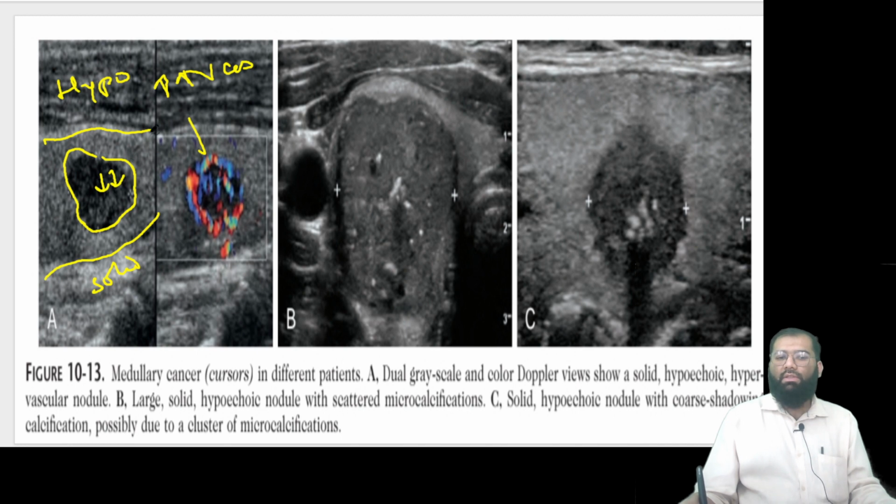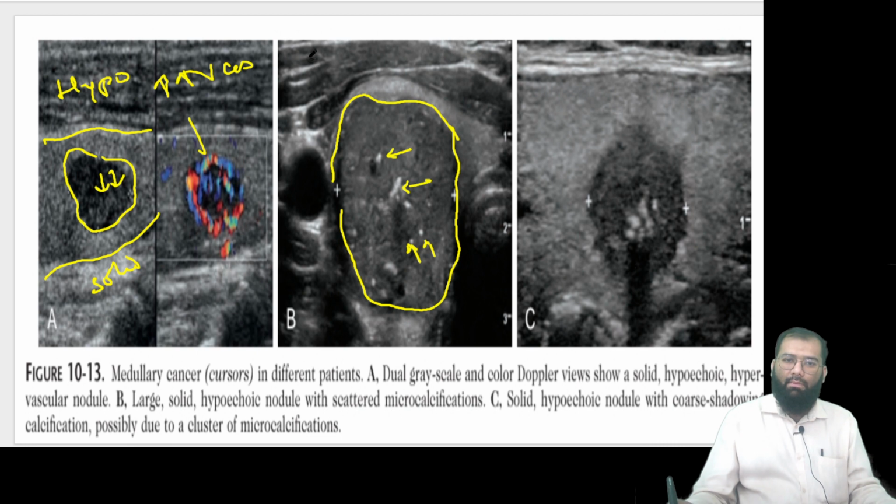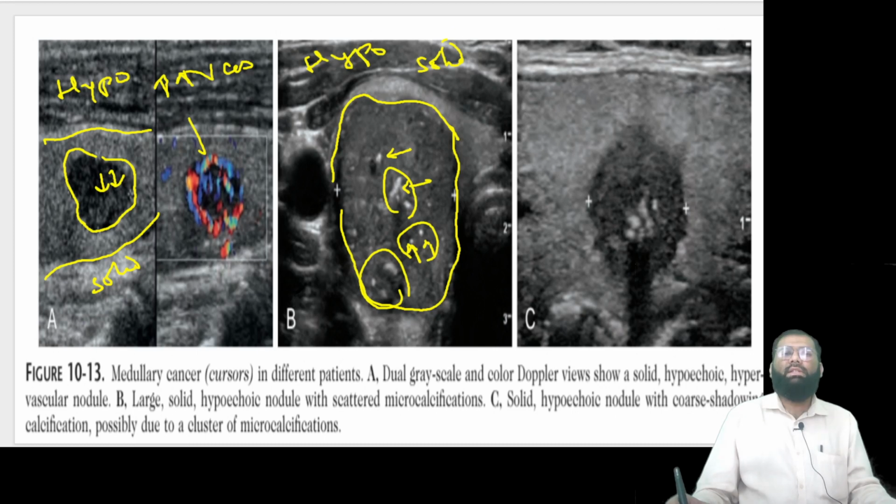So increased vascularity, solid, very hypoechoic lesion, and you are able to see multiple foci. In this lesion, again hypoechoic, solid. Can you see the multiple microcalcifications? This feature is just like papillary CA, but on FNA it turned out to be medullary CA.